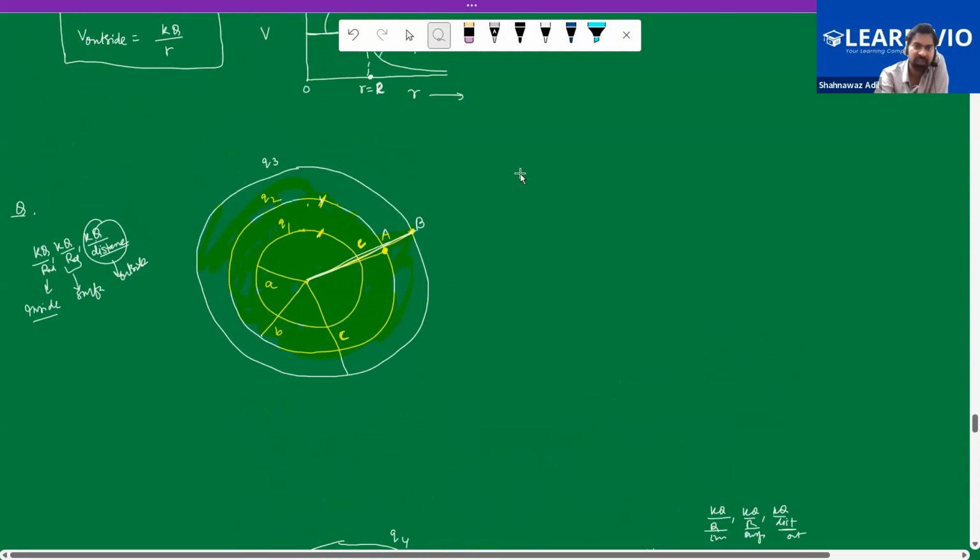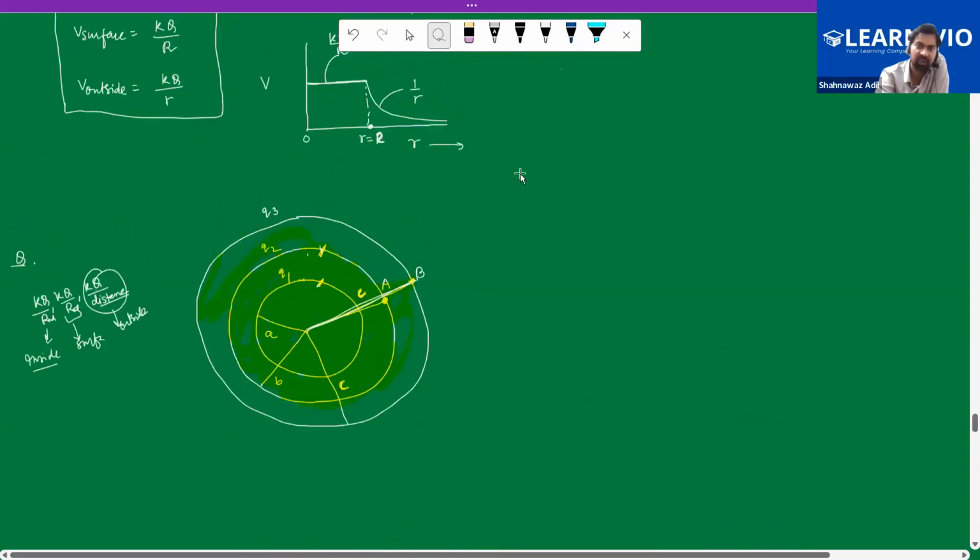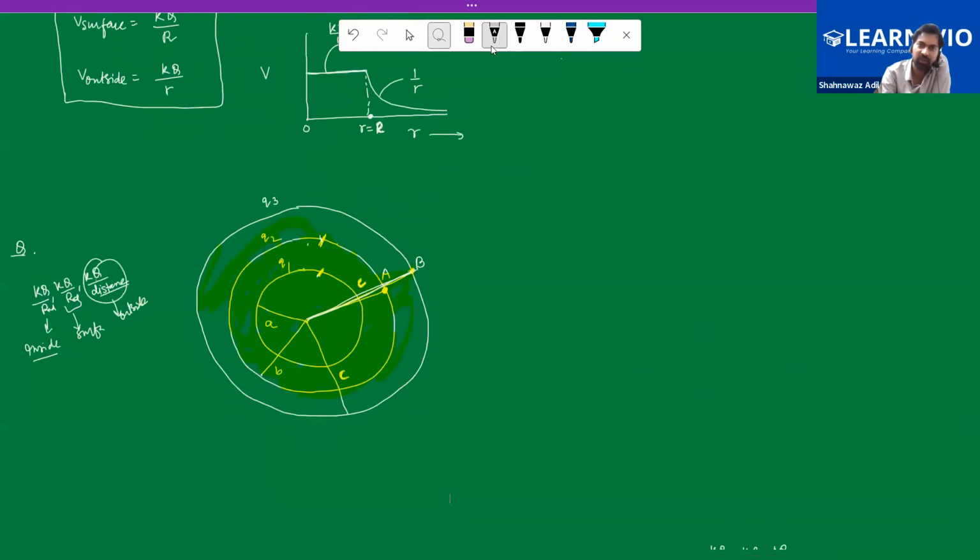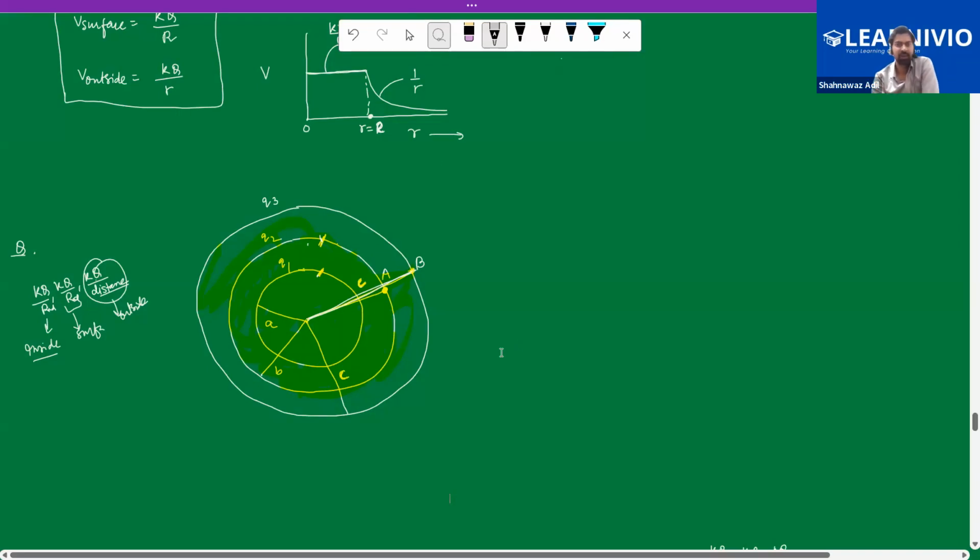Okay, so these are the kinds of questions that we have, and we want to calculate what is the potential at A and what is the potential at B. So that is the question.